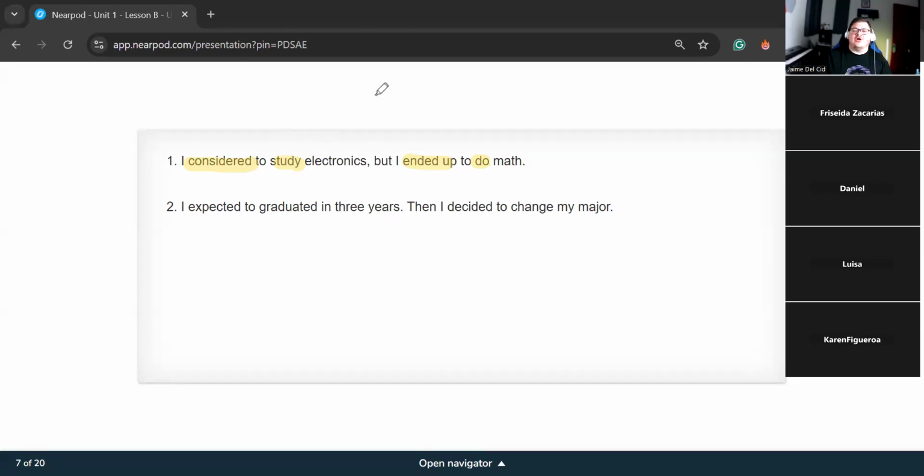The first of the problems comes from the fact that in Spanish, when we translate I considered studying or I considered to study electronics, there's no difference. For us, it's pretty much the same. Now in English, there are certain considerations that we need to make. So these are some of the choices.